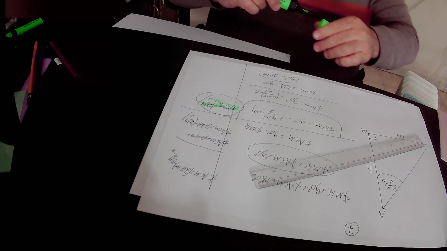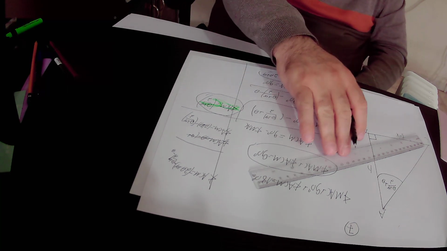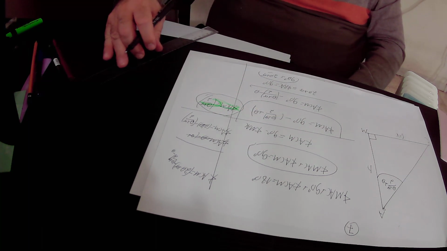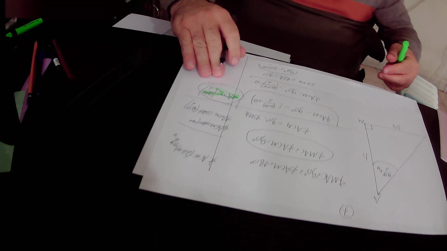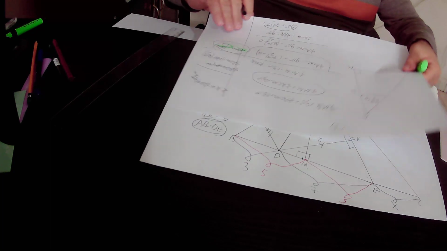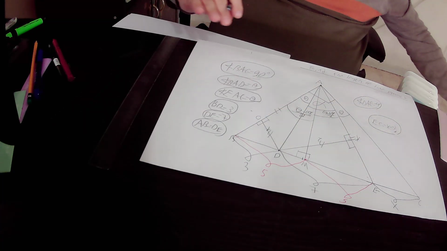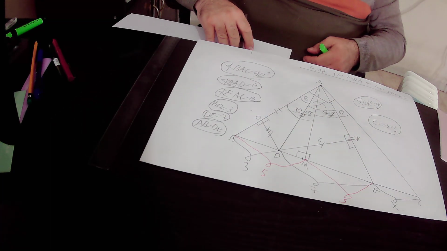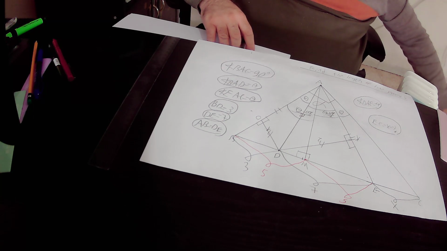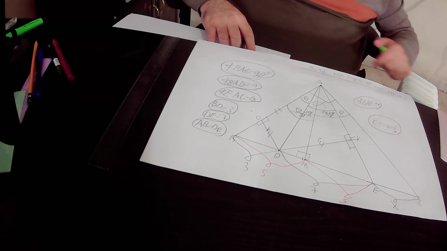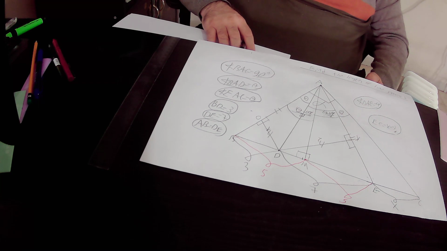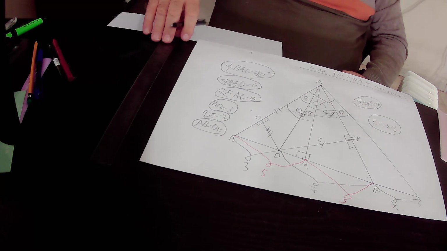So I will draw again the right triangle, triangle ACM, and we will put the value of angle ACM inside, that is actually equal to theta plus alpha over 2.